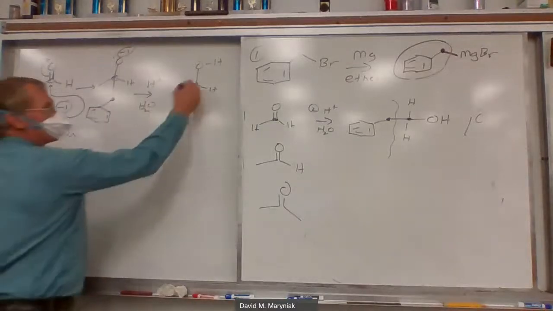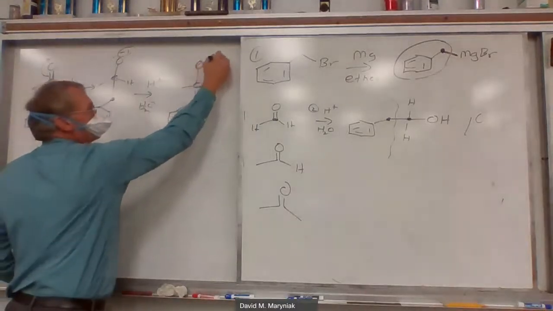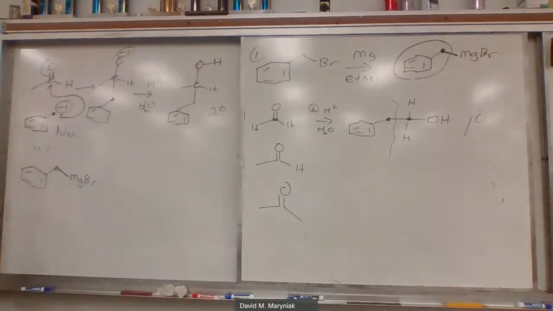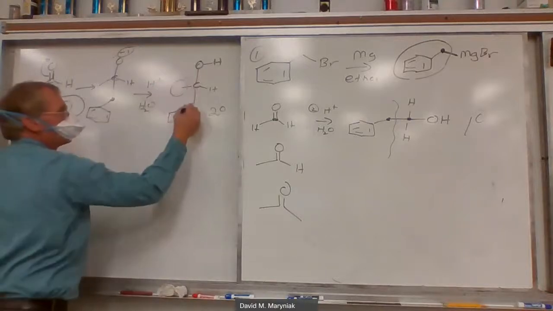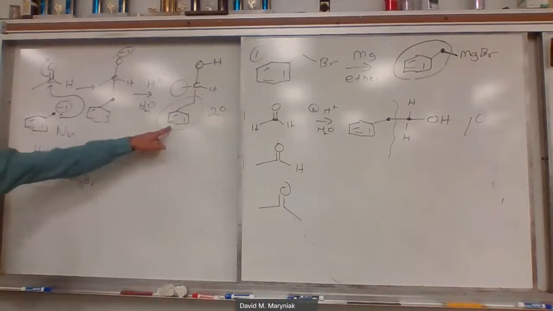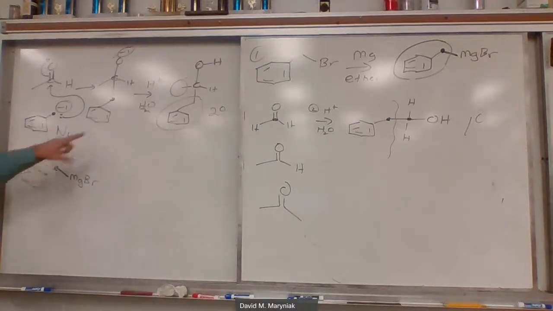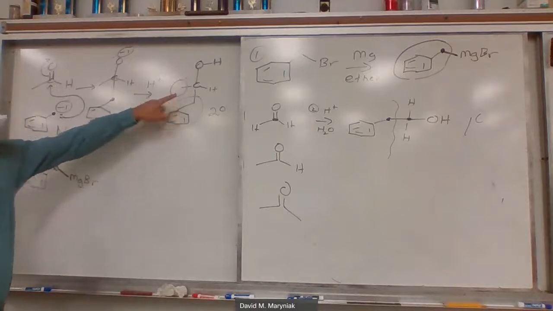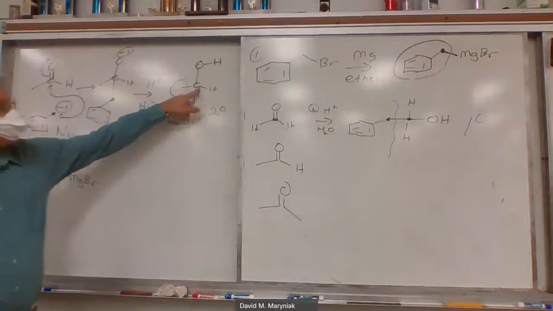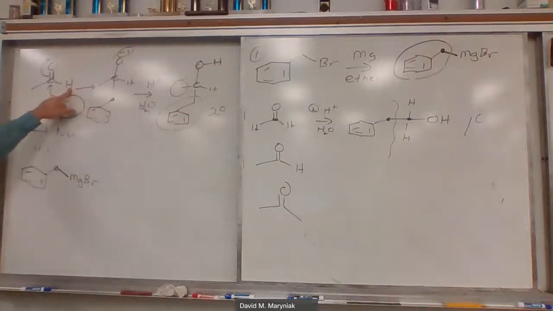So now that carbon, which is the OH, the alcohol, is now a secondary carbon or secondary alcohol. So where did these two carbon groups come from? One from the Grignard, the other carbon group from the aldehyde, and this H also from the aldehyde.